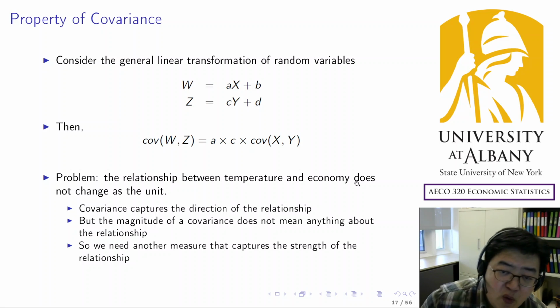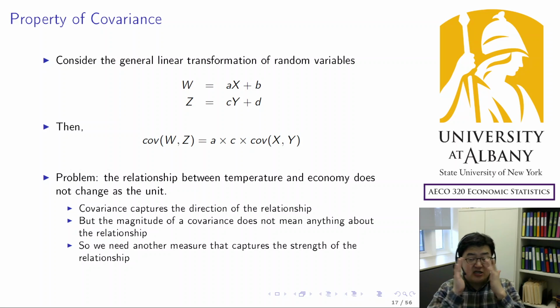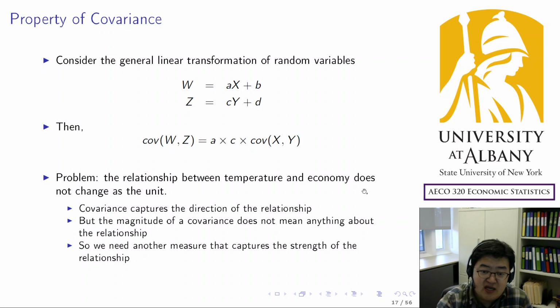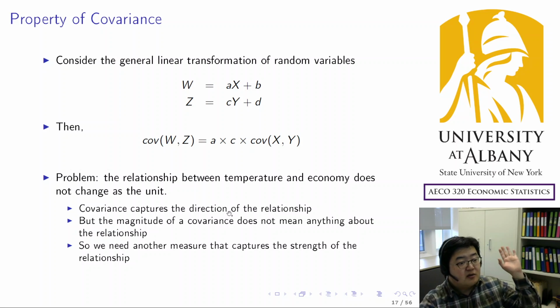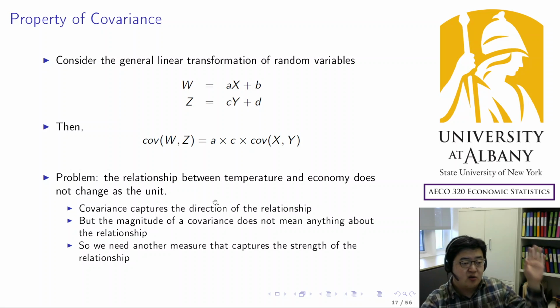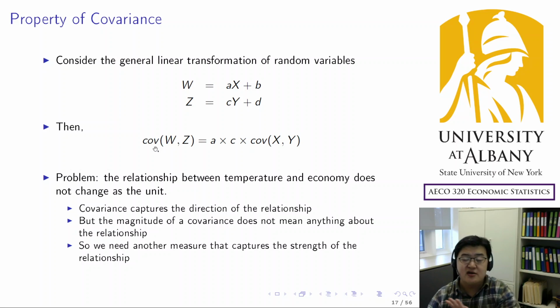Okay, so the formula is nice. It's intuitive, and it's not that difficult to understand. But actually, it is a problem because, as I said, no matter what measure you use, whether it is measured in Celsius or Fahrenheit, basically it's the same temperature.